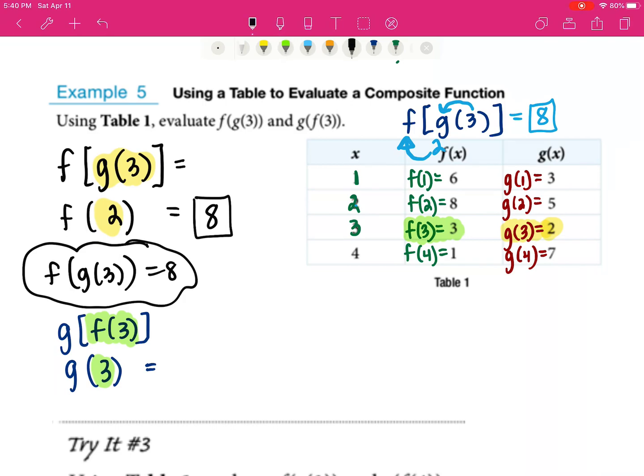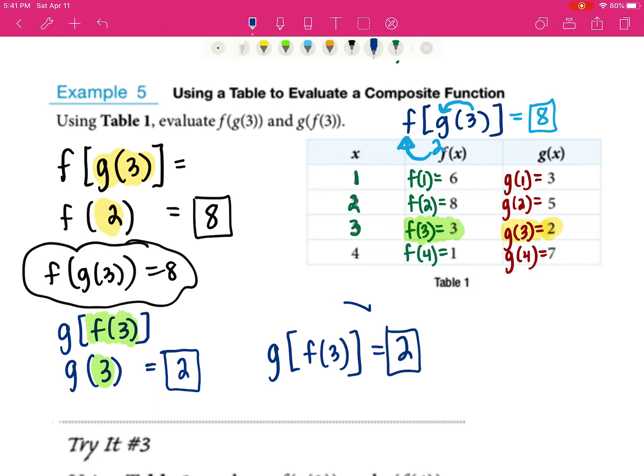And g of 3 is equal to 2. So that means that g of f of 3, after all is said and done, is equal to 2.